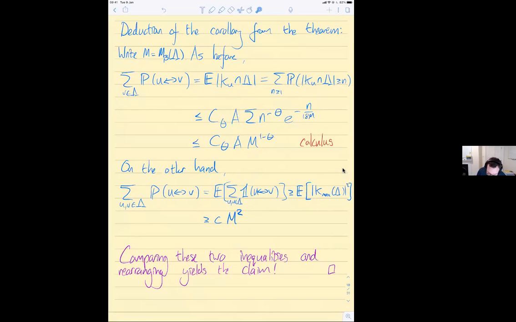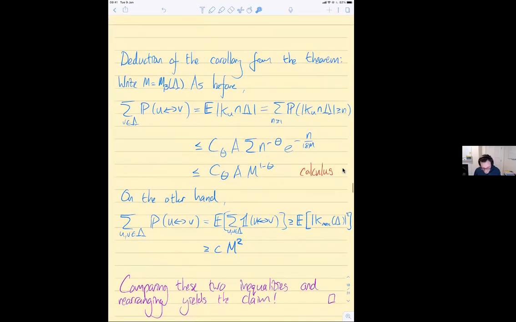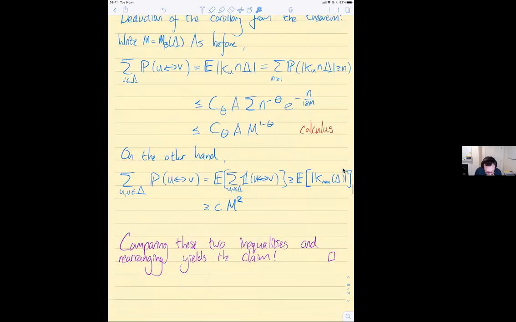And again, I can write this in the usual way as a sum of tail probabilities, and using this assumption together with what I just told you about how you gain this exponential dampening term when you try and go above the maximum, what you learn is that this sum is bounded by a constant times m to the 1 minus theta.